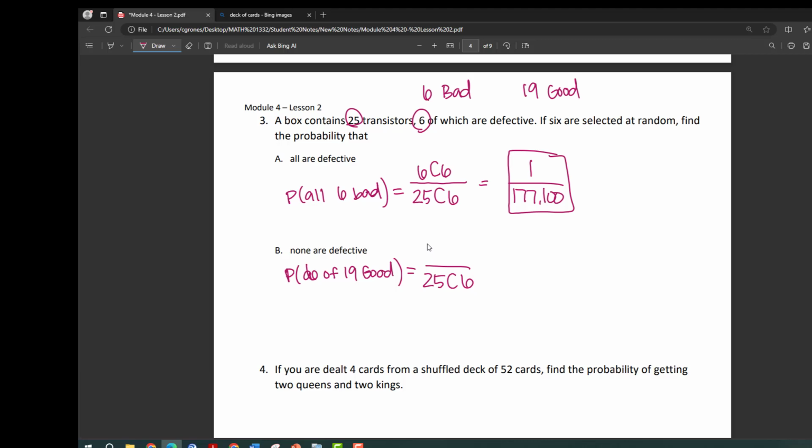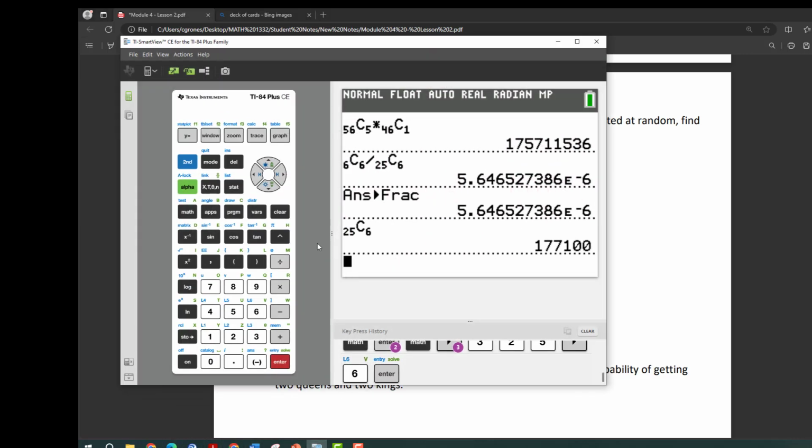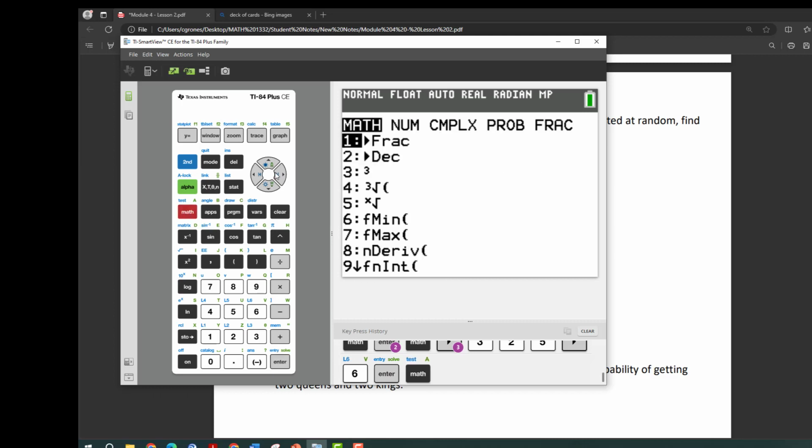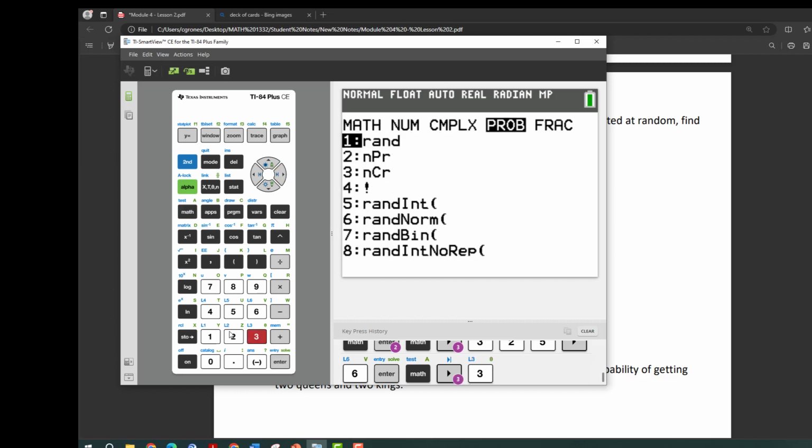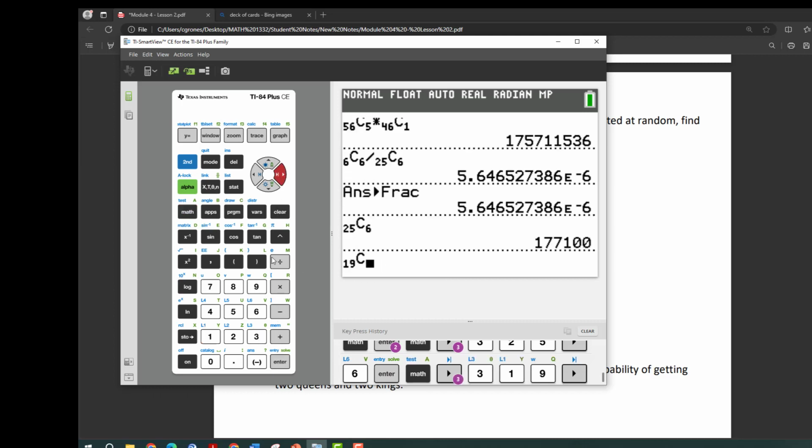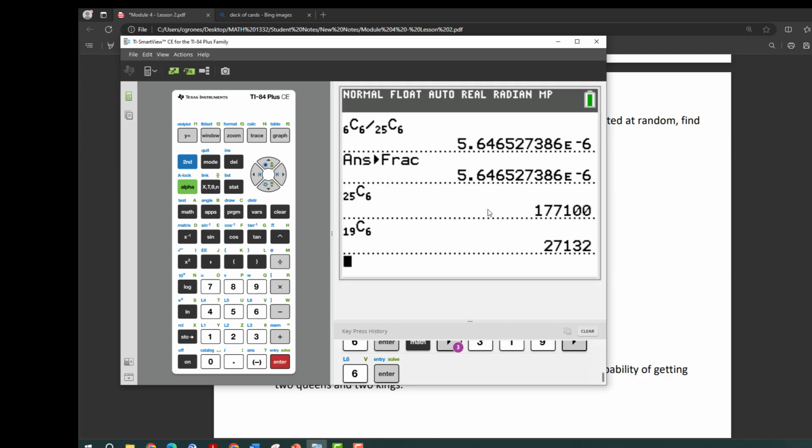For our specific event, we have 19 that are good and we are choosing 6 of those. So let me do these separately. Math, probability, nCr, we have 19 and we're choosing 6. And then we already have our denominator of 177,100.